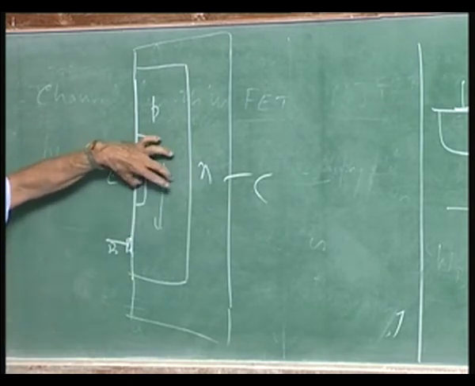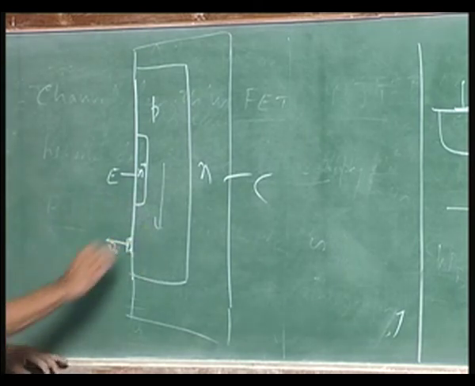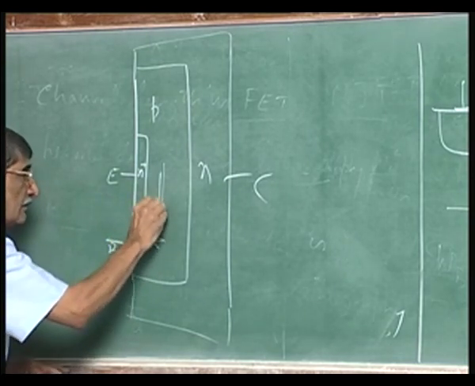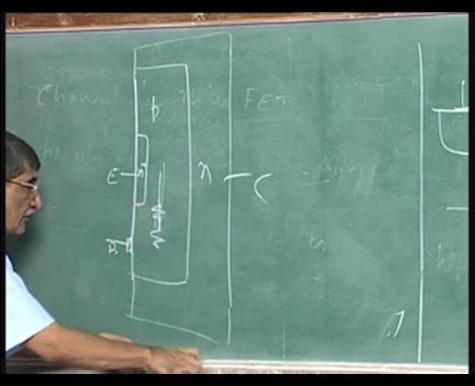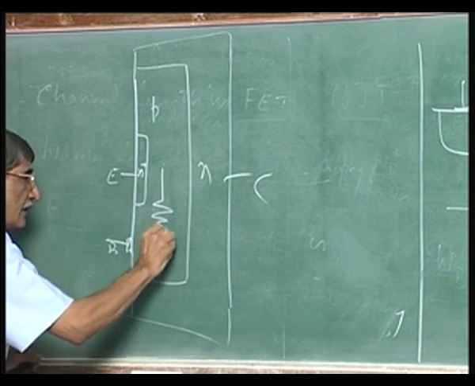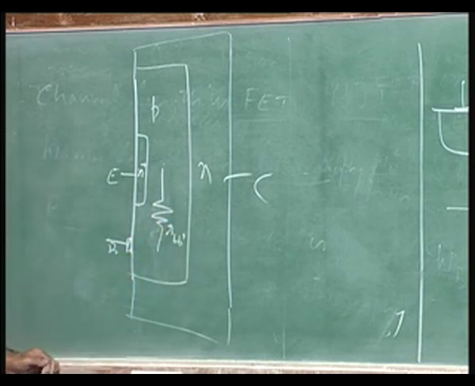If the cross section is reduced, it increases the resistance. In fact, this resistance for the lateral current flow increases. That is the RBB dash, conventionally it is used as RBB dash.